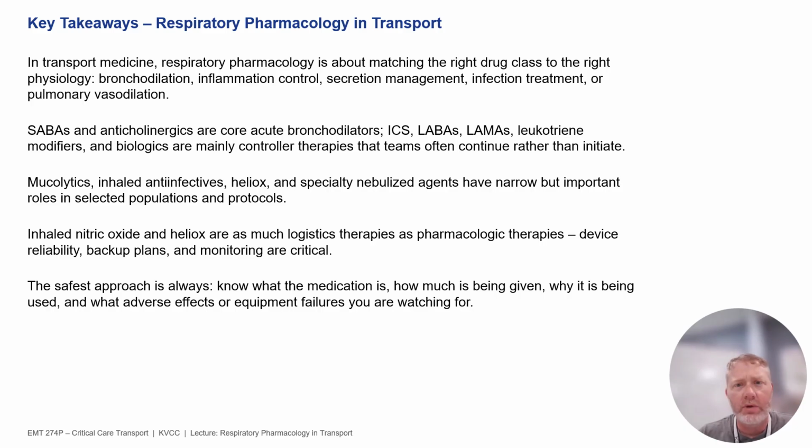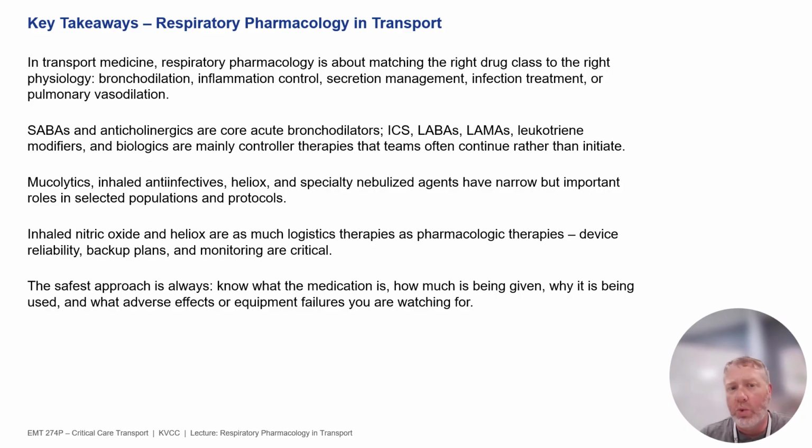Let me close with the most important concepts from this lecture. Respiratory pharmacology in transport is about matching the right drug class to the right physiology, and that requires knowing whether you're treating bronchospasm, inflammation, secretions, infection, or even pulmonary vascular resistance.